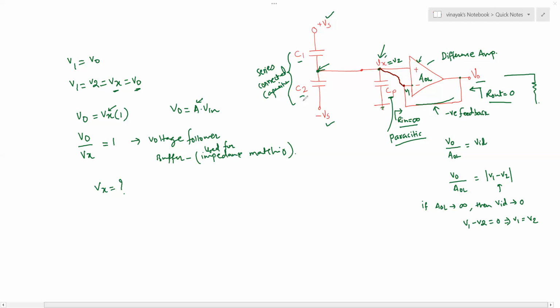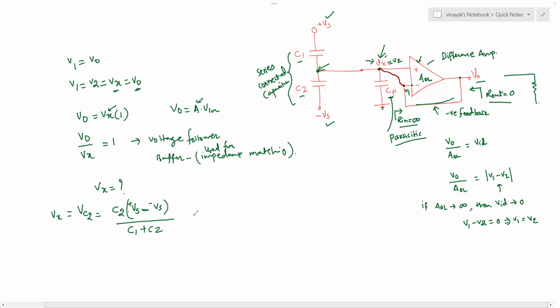For example, the voltage across C2, VC2, which is basically Vx, is equal to the value of that capacitor multiplied by the total voltage, which is plus Vs minus of minus Vs, divided by the total capacitance C1 plus C2.